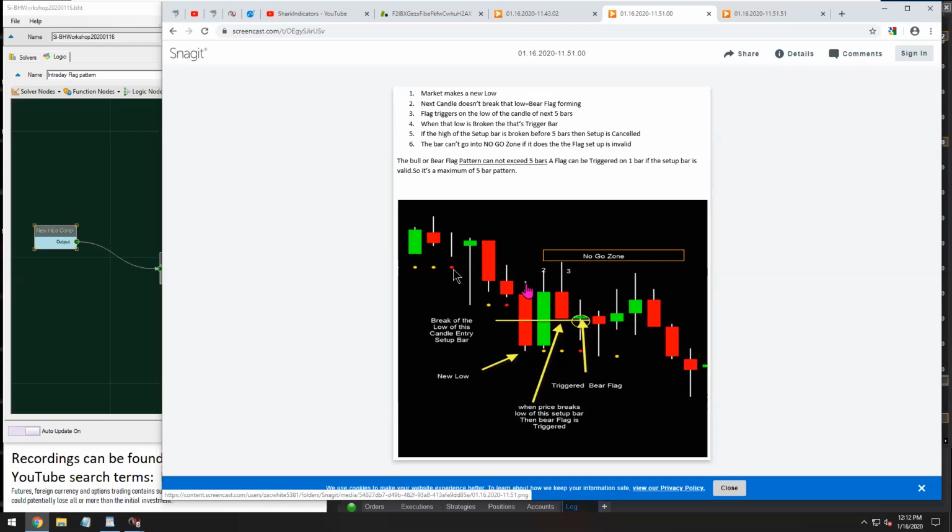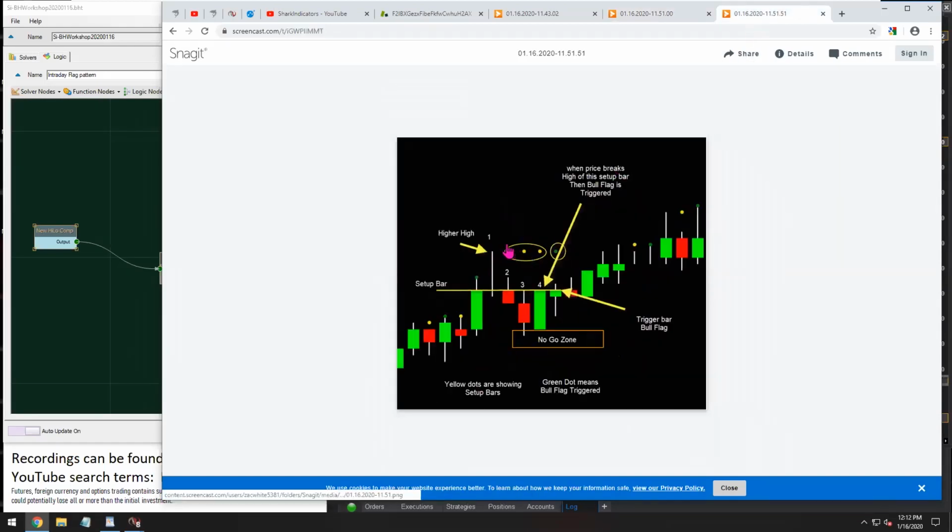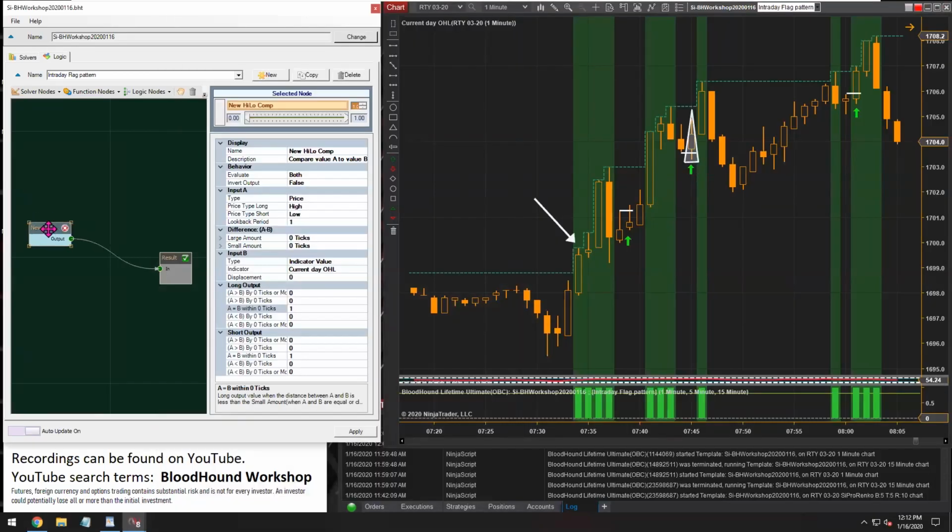From bar number 1, we only have a maximum of 5 bars in which this pattern can occur. So let's take a look at the longs. Here's a new high, and this becomes bar number 1. 1, 2, 3, 4. When we get a new high, we need to extend this condition out 5 bars.